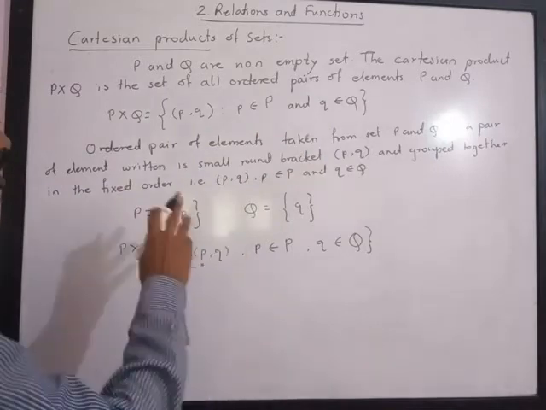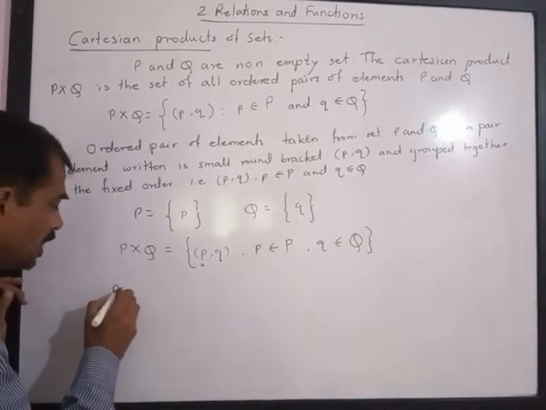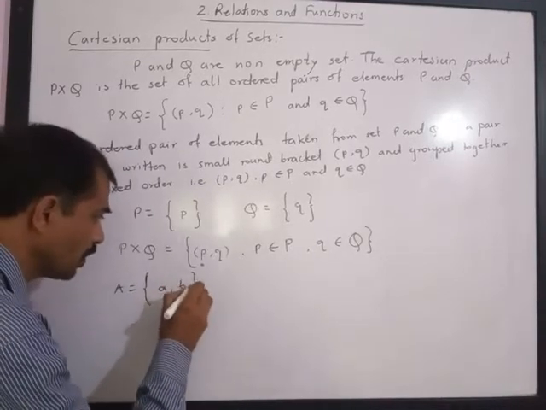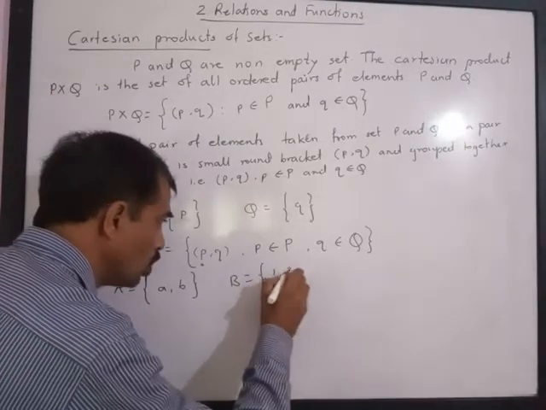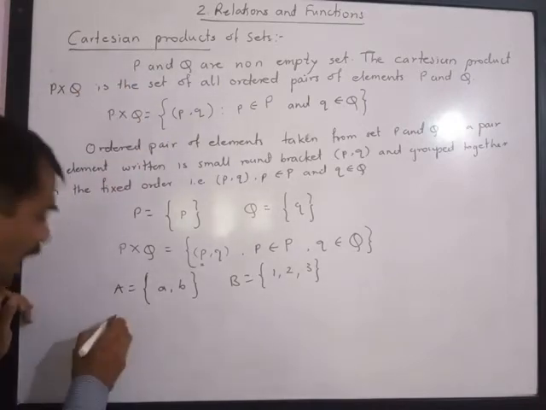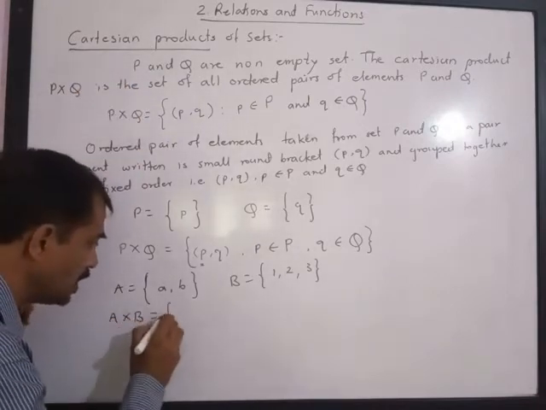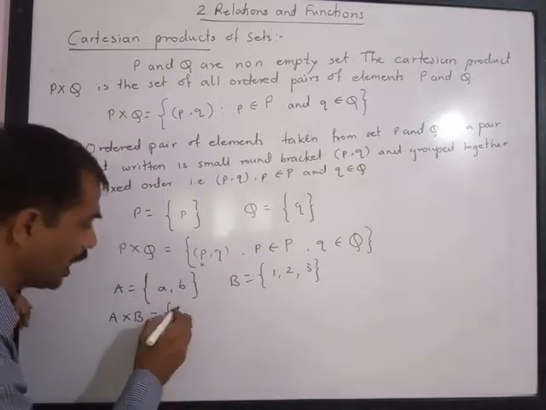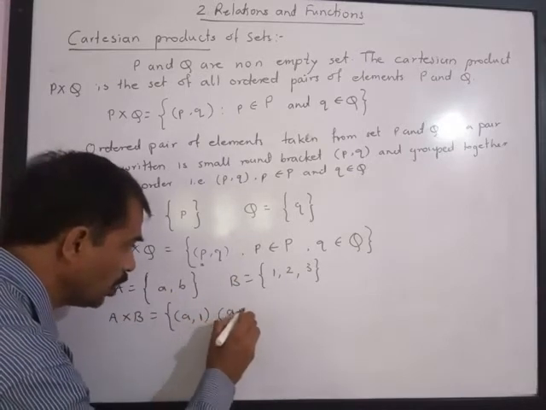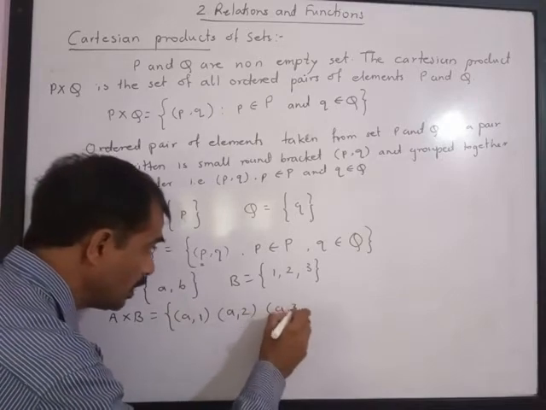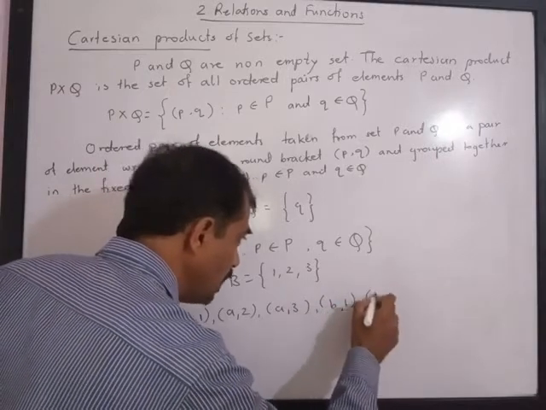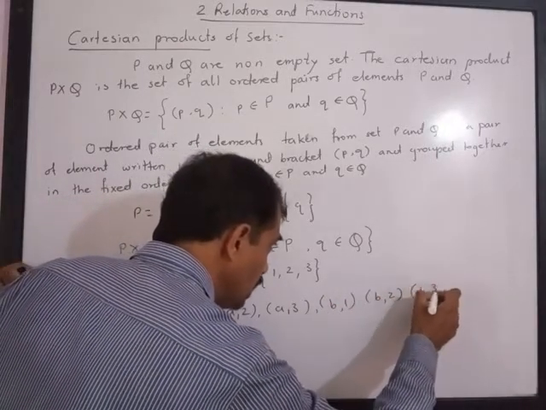This can be understood with another example. If A is a set {a, b} and B is a set {1, 2, 3}, then A cross B, the Cartesian product of A and B, is the set of all elements written in round brackets: (a,1), (a,2), (a,3), (b,1), (b,2), (b,3).